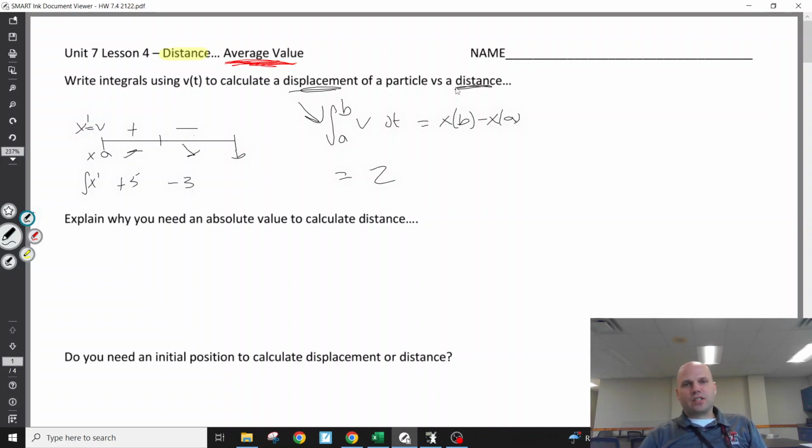Now distance, you guys know the distance can be found if I go to, we'll call that star. From A to star, I keep that displacement, positive 5, and then the negative displacement from star to B, I'm just going to subtract those negatives.